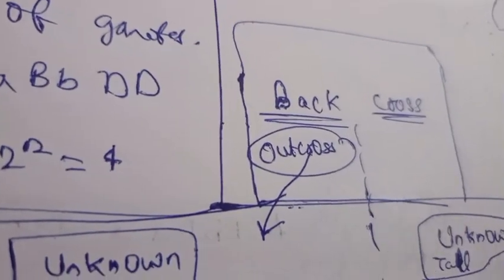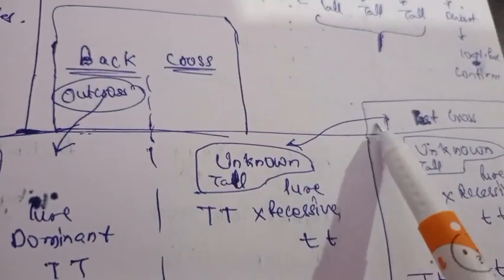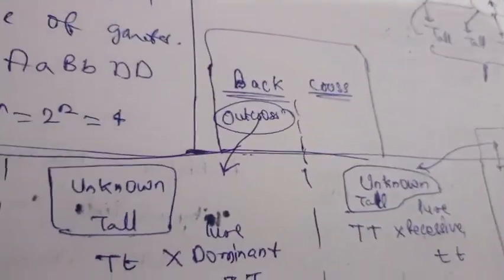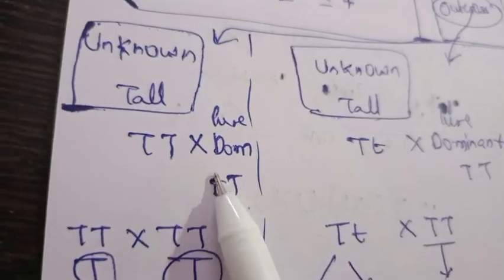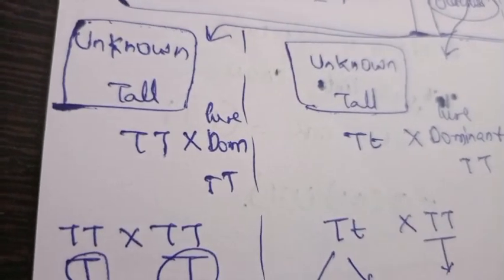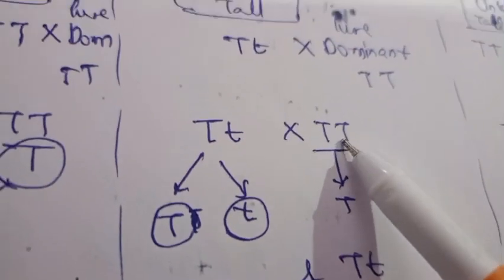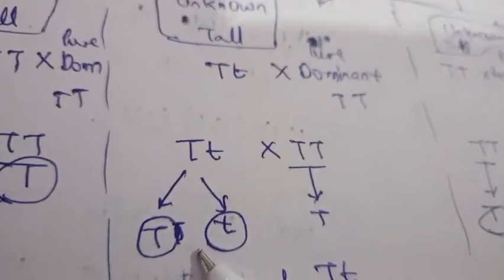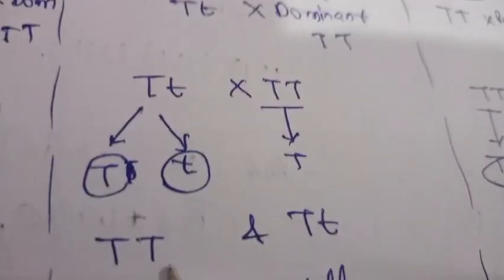Backcross includes outcross and test cross, I guess. In outcross, unknown tall and pure dominant is crossed, so we will get pure tall. When heterozygous tall and pure dominant is crossed in outcross, we get heterozygous tall, which is not pure.